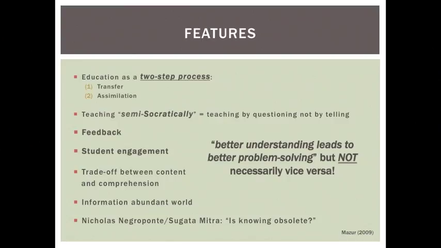The most important feature of peer instruction is, though, that better understanding leads to better problem solving, but not necessarily vice versa. This is very important to understand, because peer instruction tackles conceptual understanding.